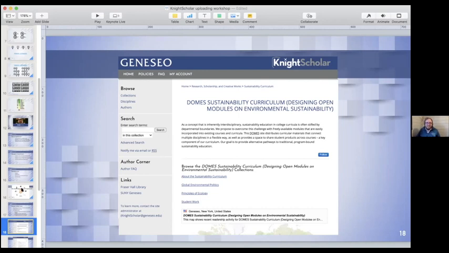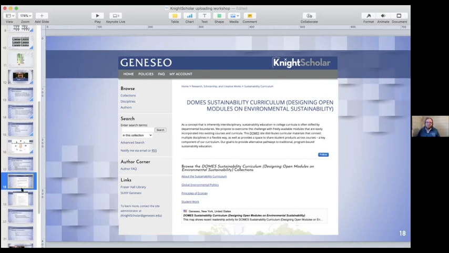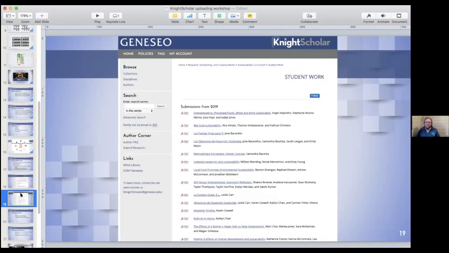But the last piece of this DOMES project is what is also interesting about this particular project, and also an interesting way of using KnightScholar, and that's student work. One of the things that is required for the DOMES project and for the way that they organized it was that students would put their projects on KnightScholar as a way of contributing to a larger scholarly conversation.